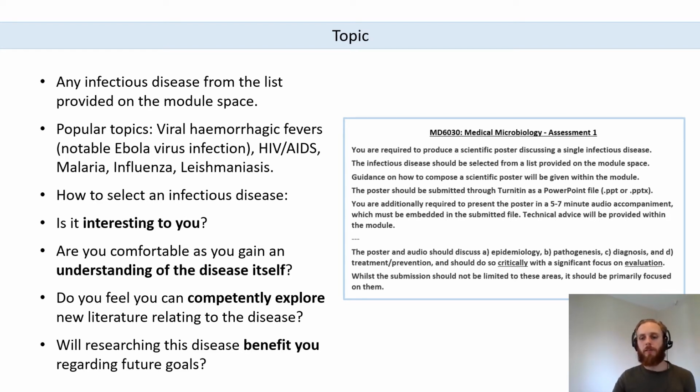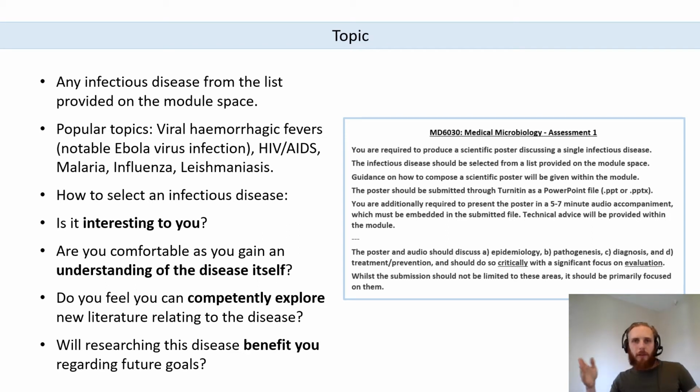So maybe you feel a slight affinity towards viral infections over bacterial infections, or fungal infections over viral infections. Whatever it is, don't make life hard for yourself by picking an infectious disease that you struggle to understand. Again, there's no real benefit to that. So I'd encourage you to pick an infectious disease that not only is interesting to you, but also makes sense to you, so you're making your pathway quite clear. You're not making it needlessly difficult for yourself.